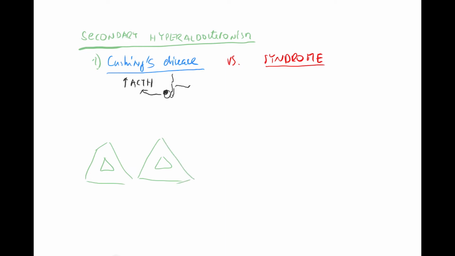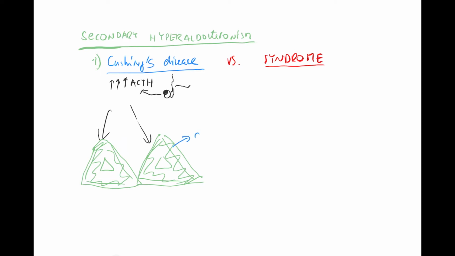The high levels of ACTH stimulate the glands to hypertrophy and produce everything more, not only cortisol, but that's the main one, but also aldosterone. That's why you can put it under secondary hyperaldosteronism as well.